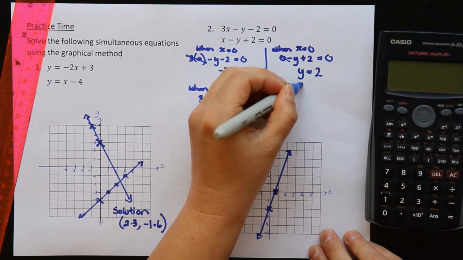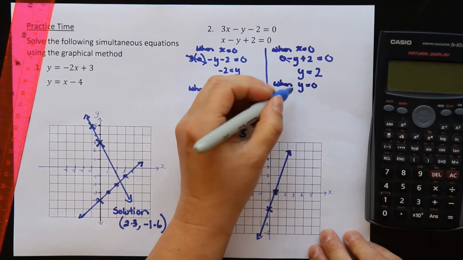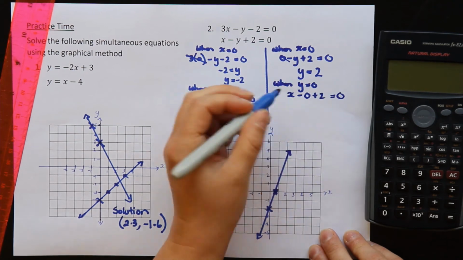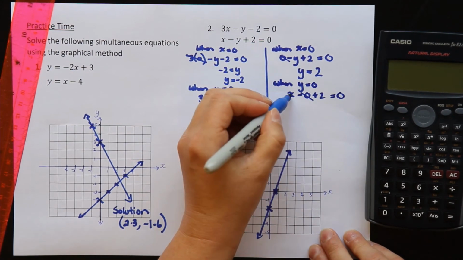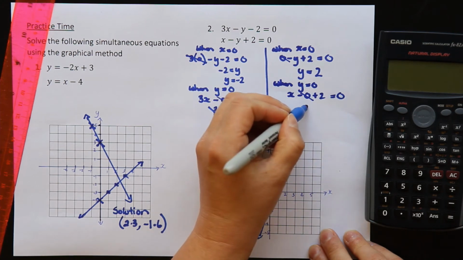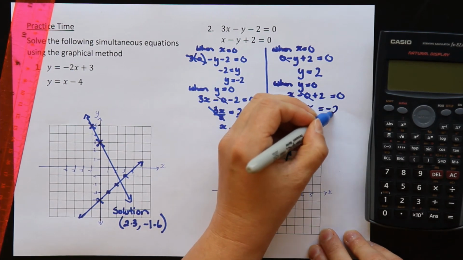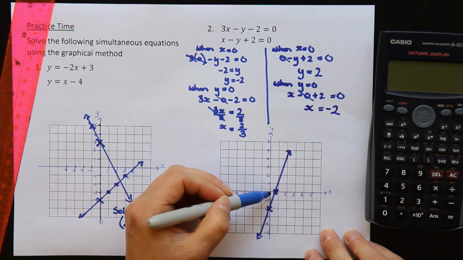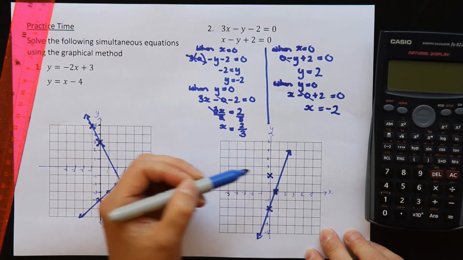When y is equal to 0, x minus 0 plus 2, okay, 0 doesn't do anything. So I have x plus 2, subtract the 2 to move it across the other side, x is equal to minus 2. Let's graph this. When x is 0, y is 2.